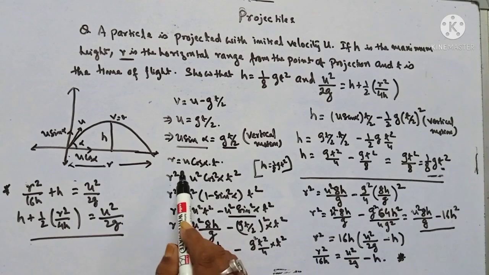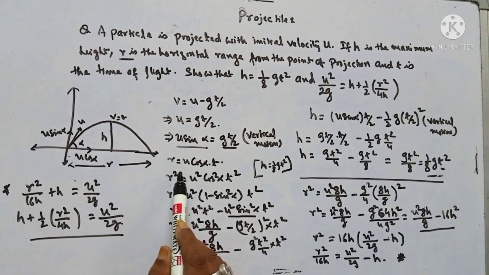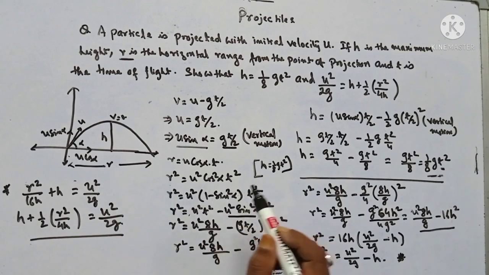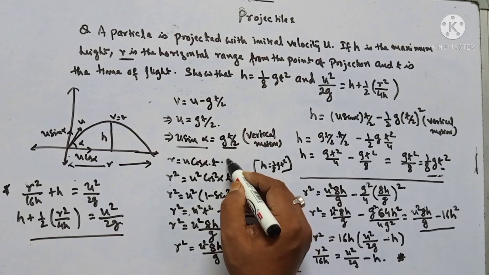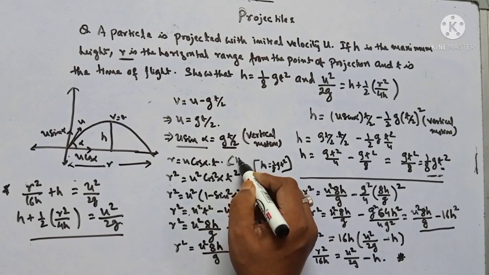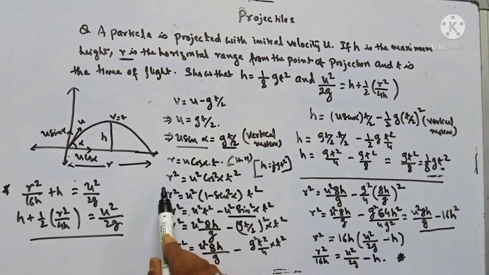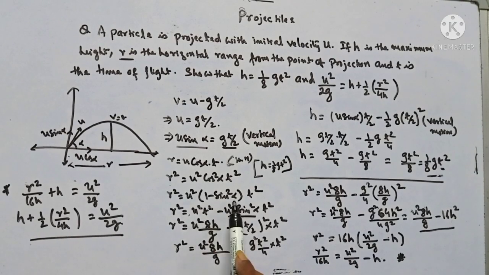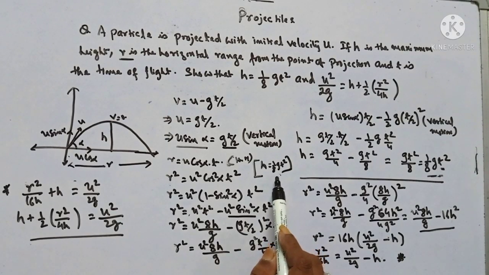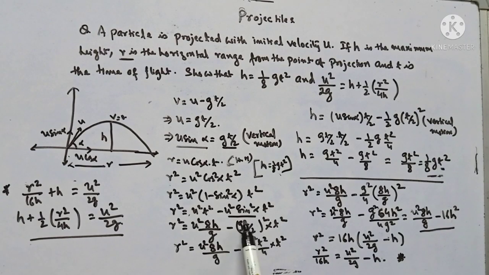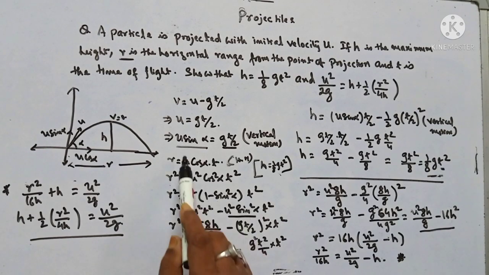Now again, we know that this is the horizontal motion. Squaring both sides, the value of cos square alpha is 1 minus sine square alpha, and the value of t square I calculated from here, that is 8h by g, and again 8h by g, and u sine alpha is this.